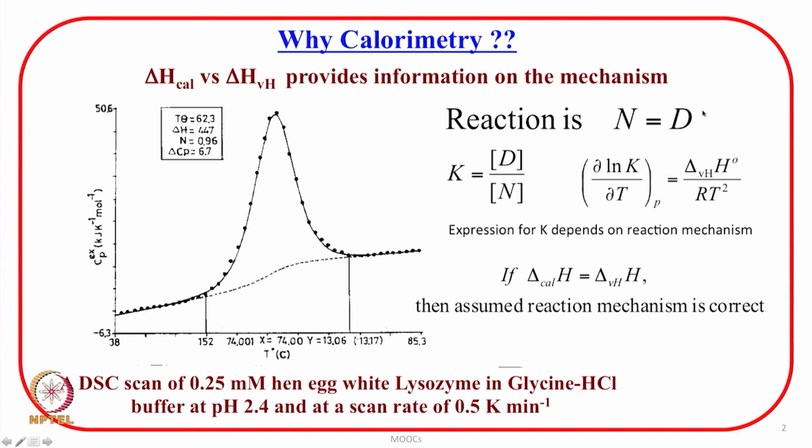So, if I assume that this is my reaction mechanism and write an equilibrium constant for that, get the temperature dependent equilibrium and get the Van 't Hoff enthalpy, then if this Van 't Hoff enthalpy is equal to calorimetric enthalpy, that means my assumed reaction mechanism is correct, because the output is obviously depending upon the reaction mechanism.